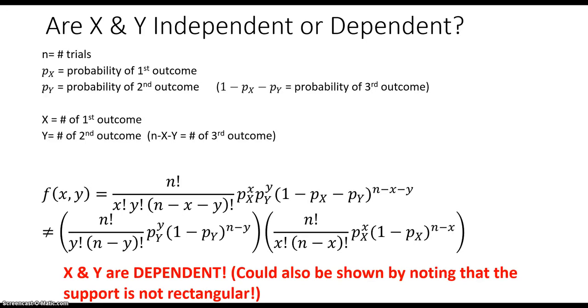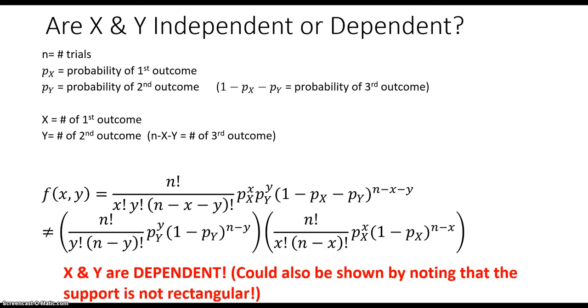This could also be shown by noting that the support of x and y is not rectangular, because remember that although x can take on values from 0 up to n, and y can take on values from 0 up to n, they can't add up to more than n. So if x is equal to n, then the probability that y is equal to n would have to be 0. So clearly these are dependent random variables.